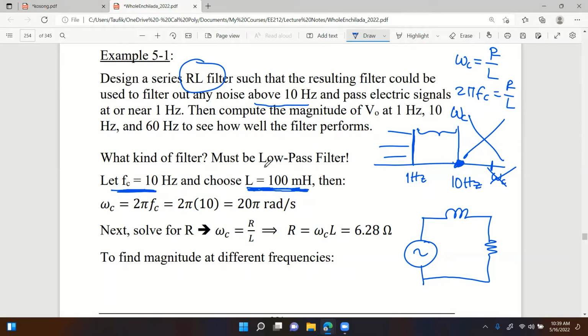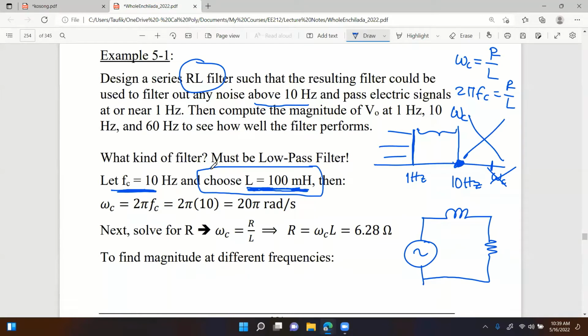Anybody knows the reason why I pick L first rather than R? Any guess? In the real world, this is what you most likely do as well. You choose L first.